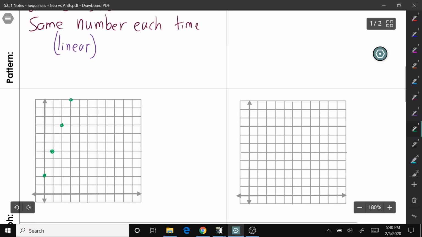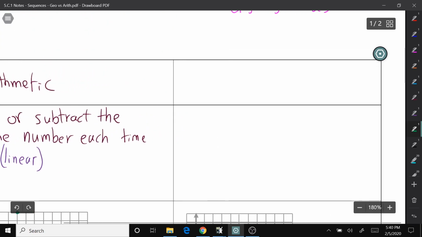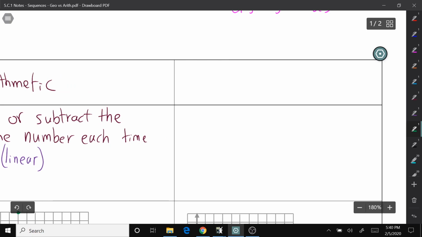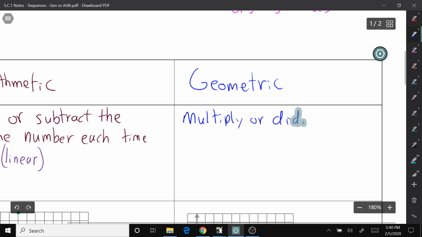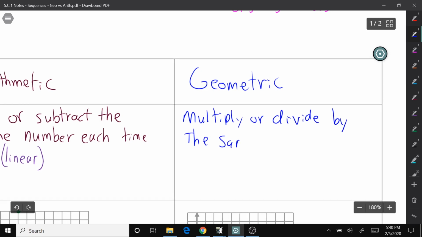The next one is called geometric. And that one you are multiplying or dividing by the same number each time.